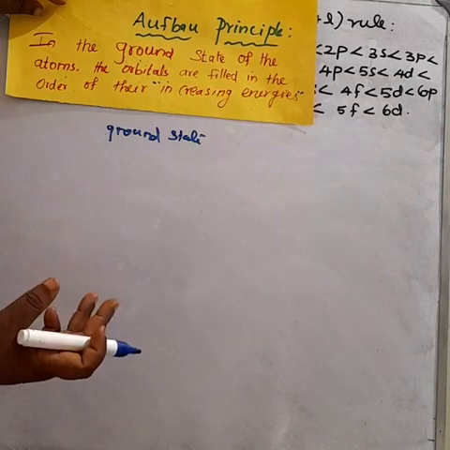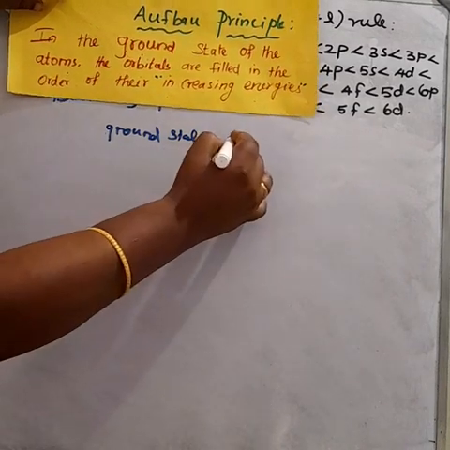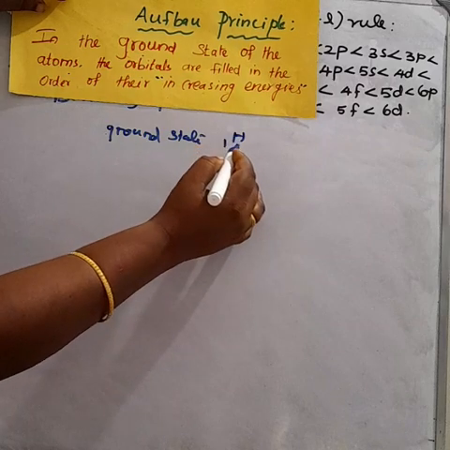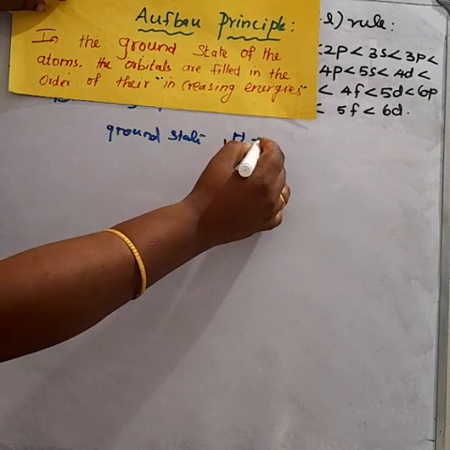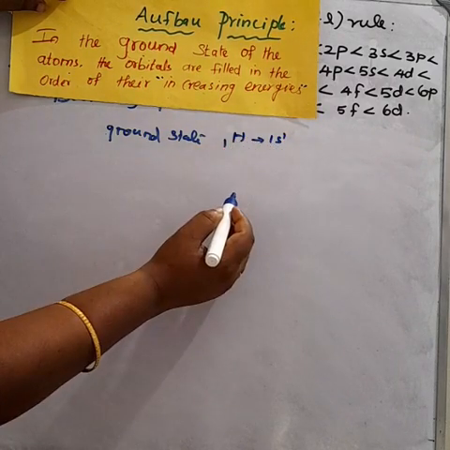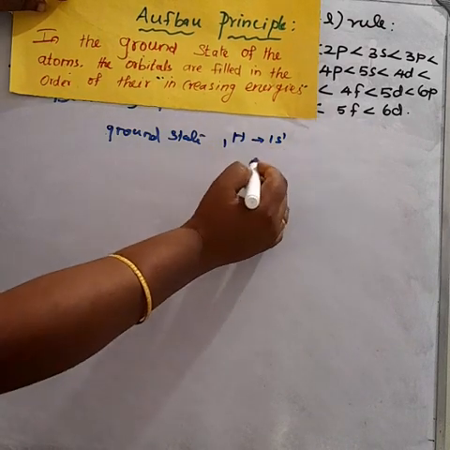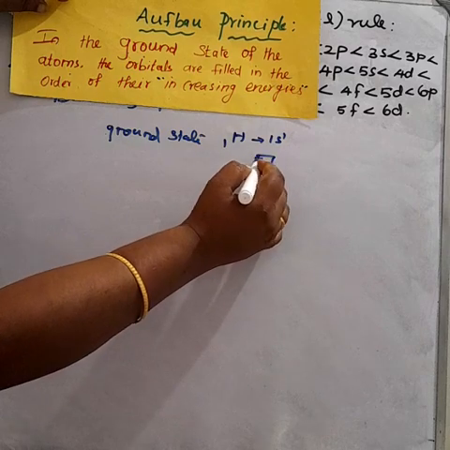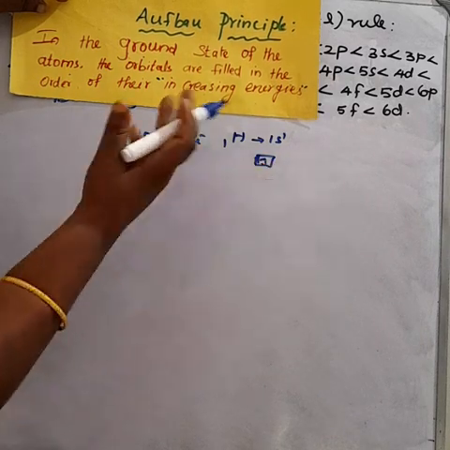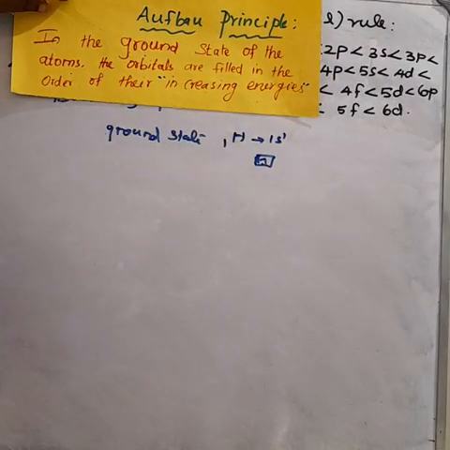For example, the hydrogen atom, atomic number 1, has electronic configuration 1s1. The electron of the hydrogen atom always stays in the 1s orbital without any external energy. That is called the ground state.